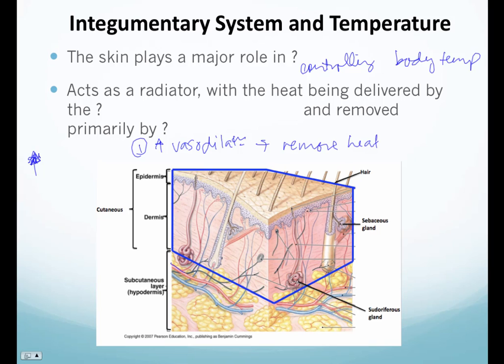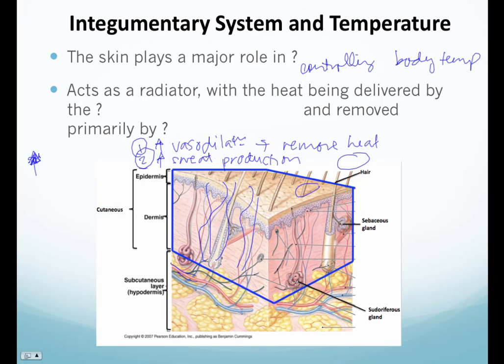Okay, so these vessels here are going to become more dilated and heat can escape to the exterior regions of your body. And the second thing that can happen is increased sweat production. And as you sweat and perspire more, what happens?